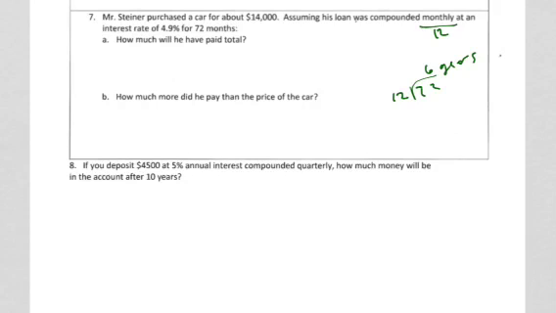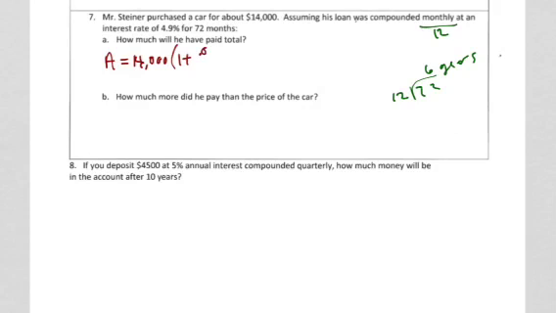All right, so the first one, how much money will he have paid total? So we want to actually find out the A number. That's what A stands for, the ending balance. So to find this, we're going to start with our principal. We started with $14,000. That's how much he bought his car for. And then don't forget this 1 plus. That's very important. It's always there. 1 plus, then my interest rate as a decimal.